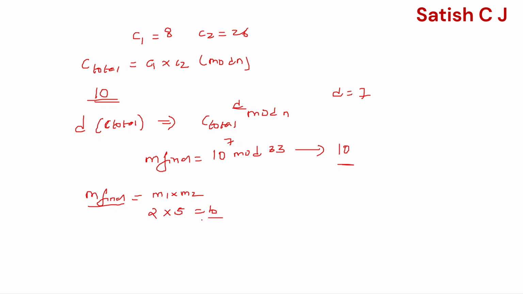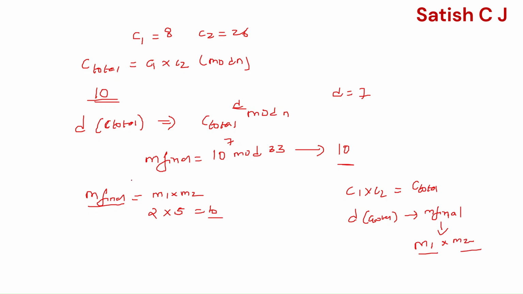So this is what we have seen in the beginning. What is the homomorphic property all about? When you multiply the ciphertext, this leads to some value, say C total, and when you decrypt this C total, you get M final. What does this final result imply? This is equivalent to the multiplication of the plain text that we have taken.